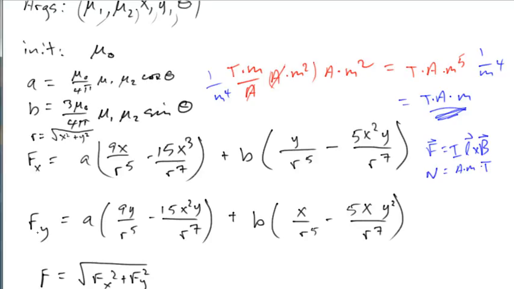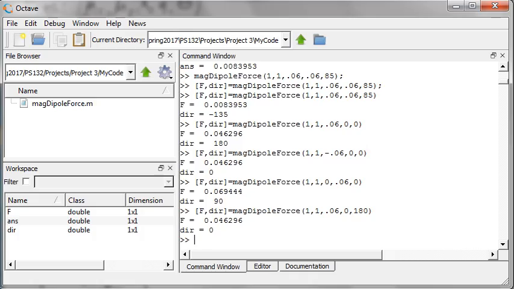I'm a little surprised about the side-by-side, so I'd say I learned something from this little bit of code. Is my take on it, that the force was greater when the two magnets were side by side at a separation of 6 centimeters than when they were end to end at a separation of 6 centimeters.